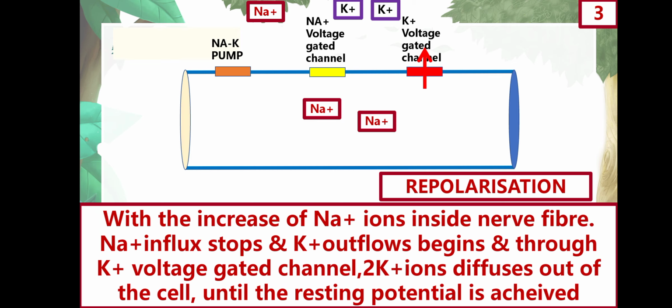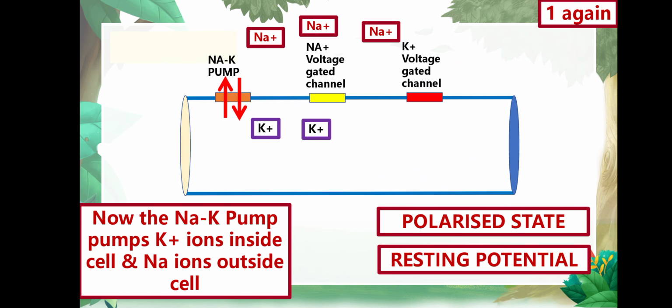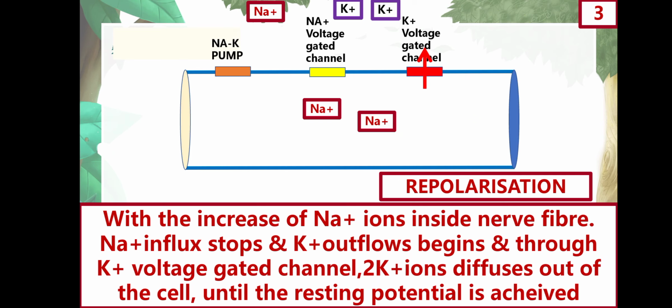This movement of potassium ion outside the cell is known as repolarization. Now the situation is repolarized, but the potassium ion is outside the cell.